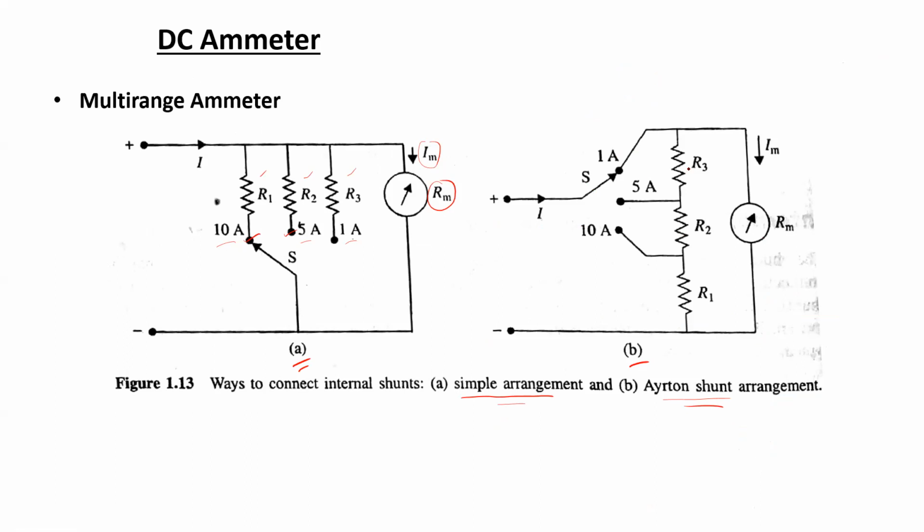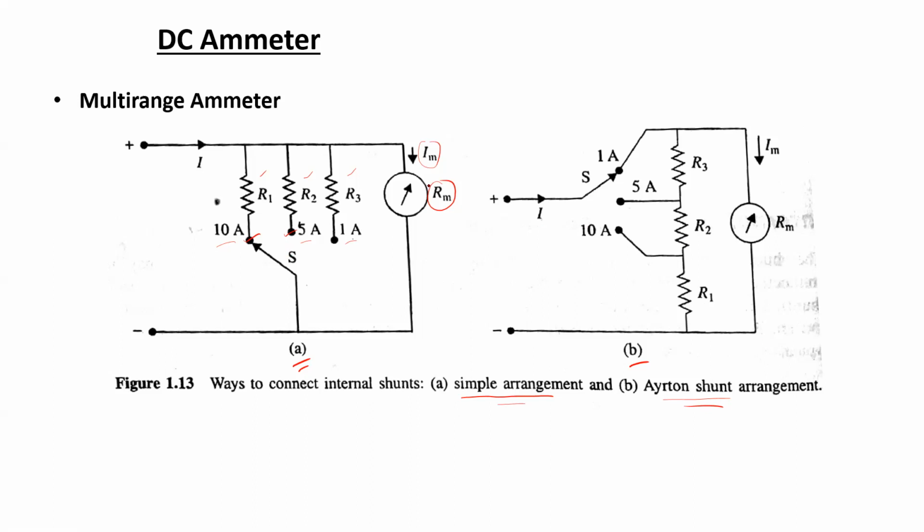Now, before discussing that a little bit more, the possible advantage of this Ayrton shunt arrangement is that it overcomes the disadvantage that is inherent in this first type of arrangement. What is the disadvantage?